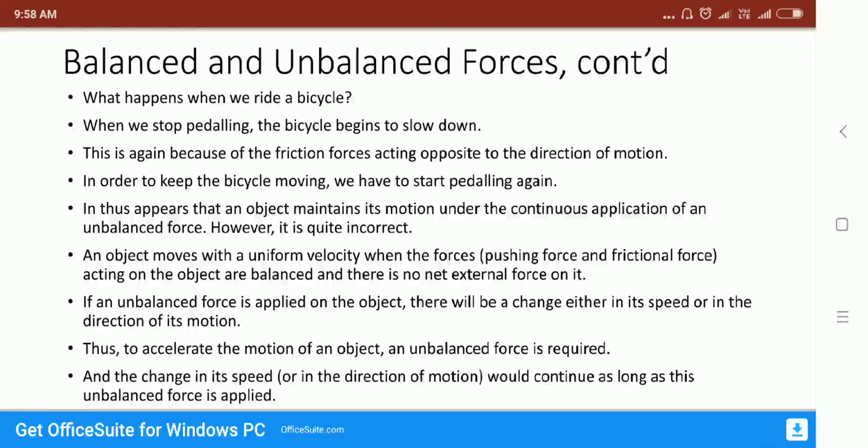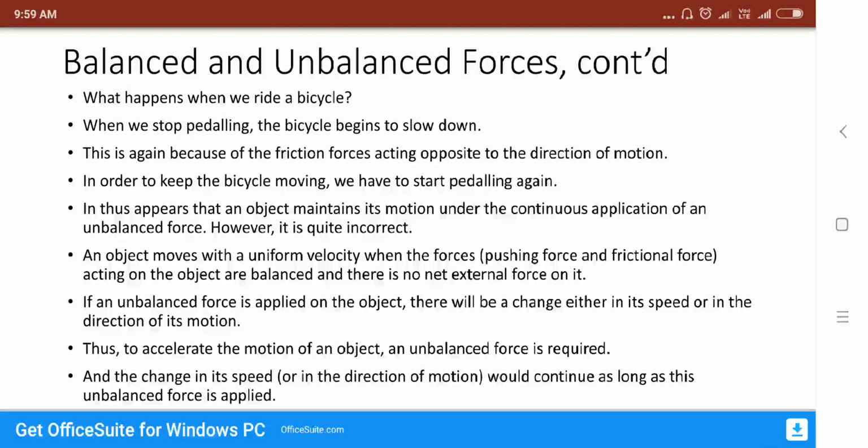For example, now if we stop pedaling, what will happen? The bicycle starts to slow down, and after moving a certain distance with slower velocity, the bicycle will stop moving further. So what is happening over here?